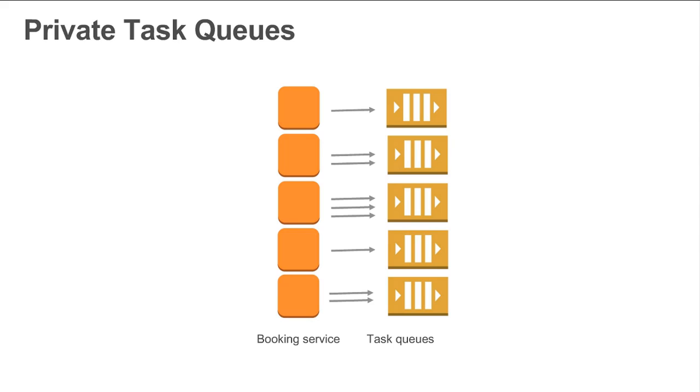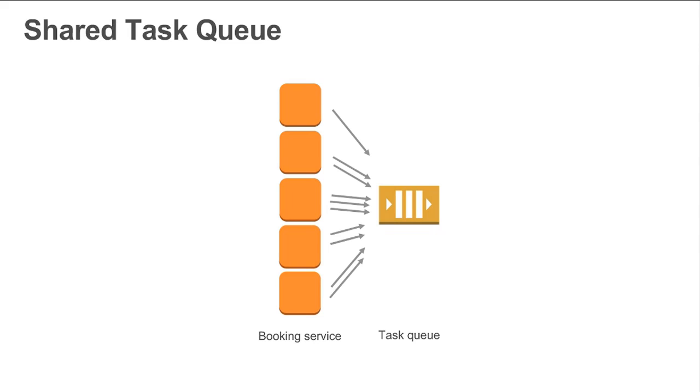For instance, there are some files on disk that only this machine has, and the background task needs to access those files. But my recommended approach would be something like this, where you have a single queue for backlog items, and any worker can then process the background task and complete it.